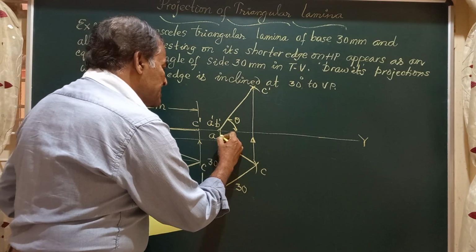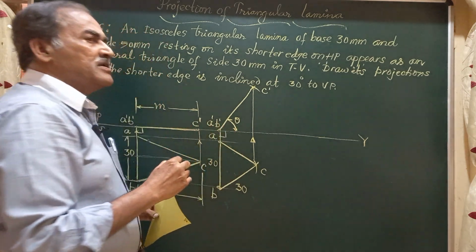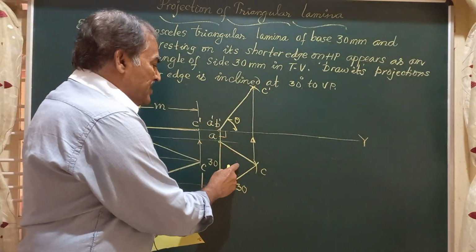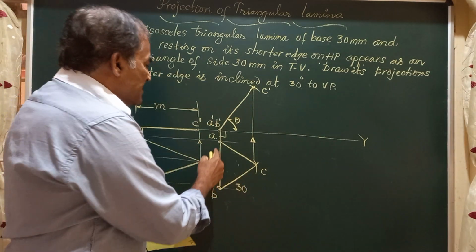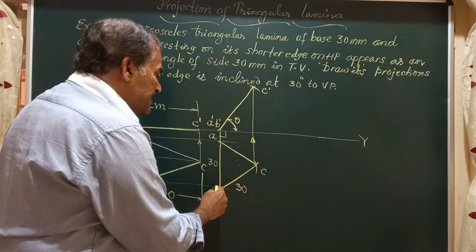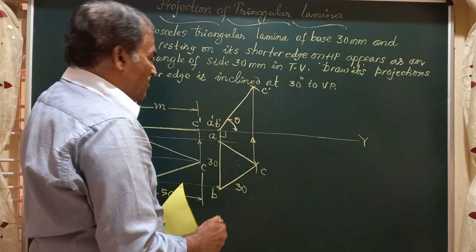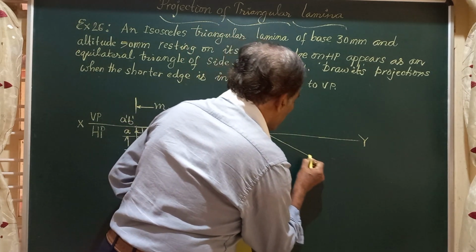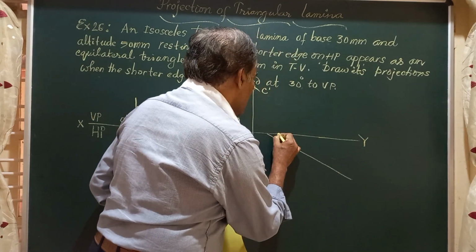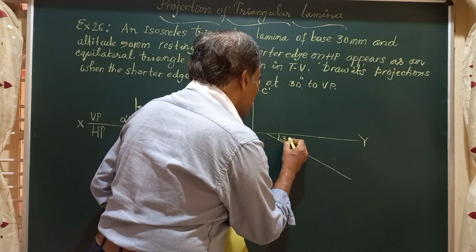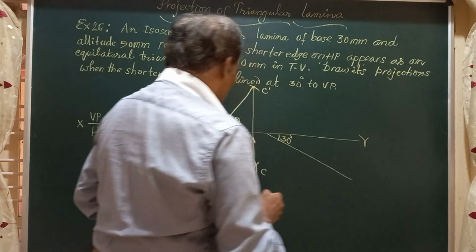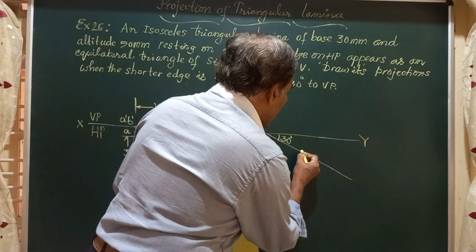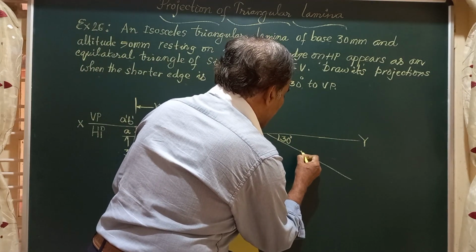Again, in this case, it is perpendicular to VP, and as per the question, we have to redraw this figure such that the side which is on HP, that is AB, should be at an angle of 30 degrees to VP. So friends, here I draw a line inclined at an angle of 30 degrees to VP and mark on this the side AB of length equal to 30 mm again.